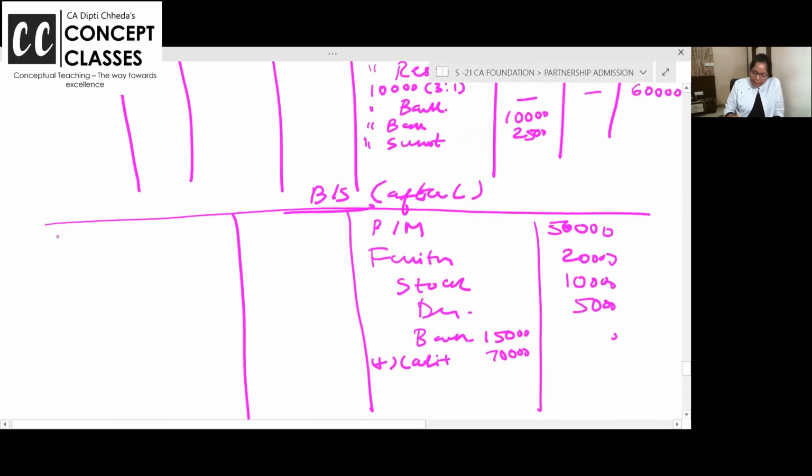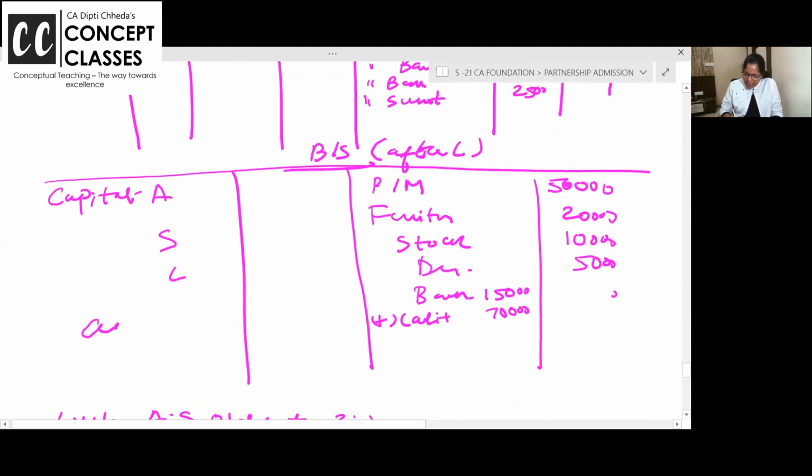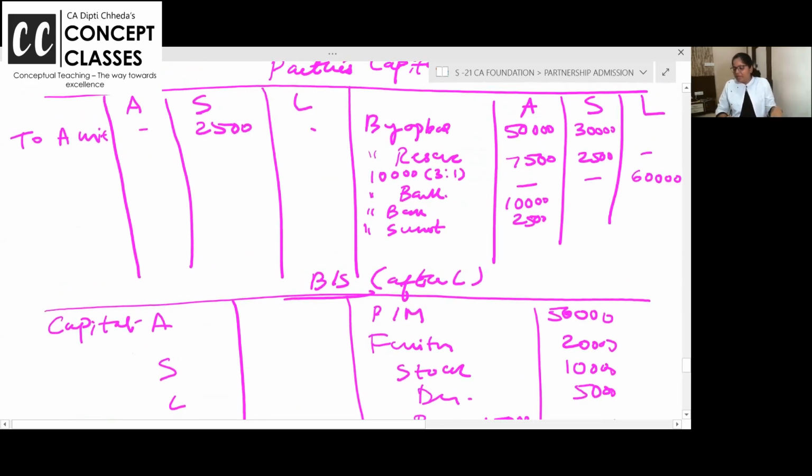Now you want their capital base to be 1,50,000. Amit, Sumit, Lalit. Reserves you have already given to old partners in the old ratio, and creditors is 10,000.